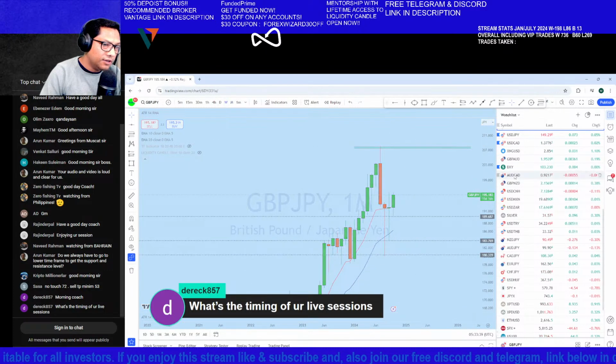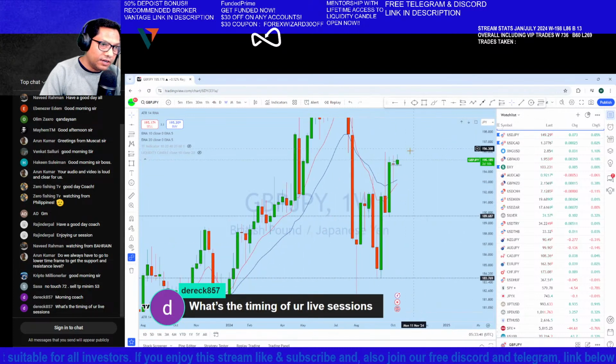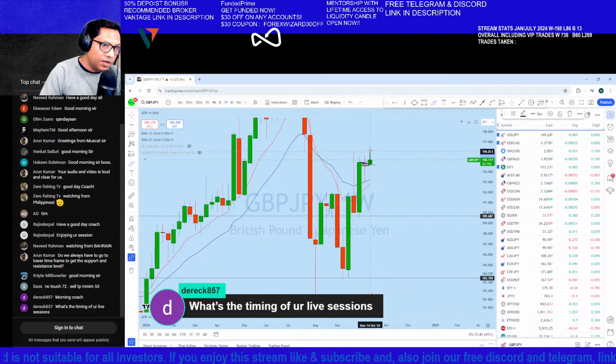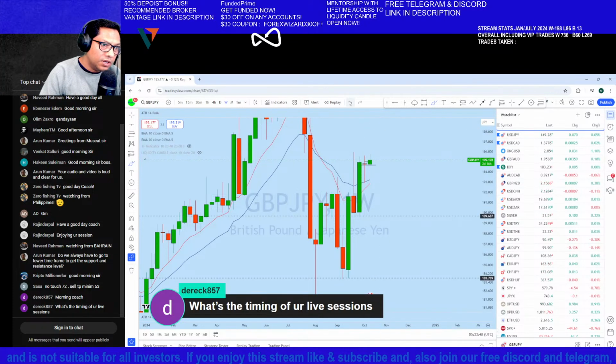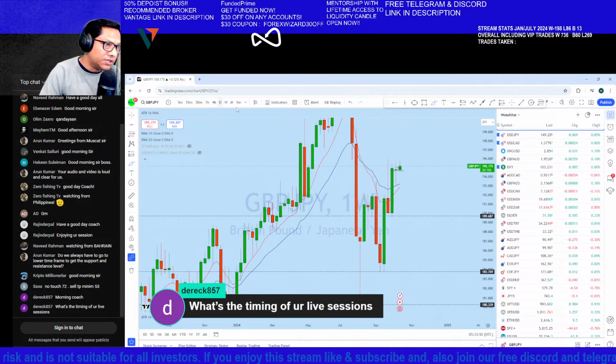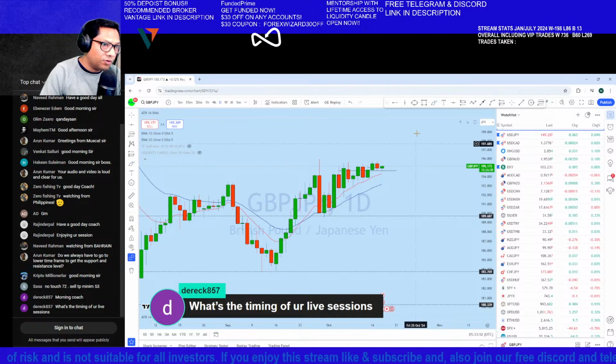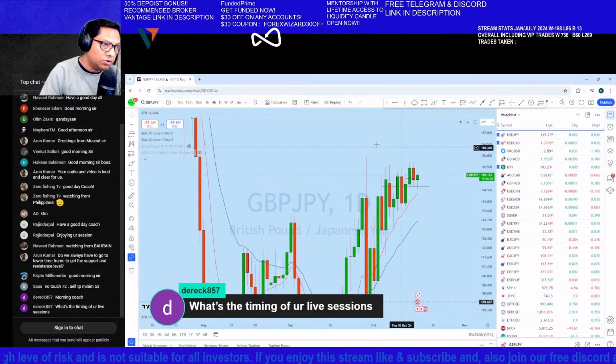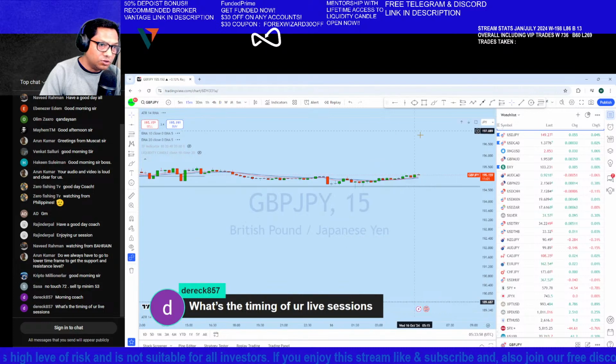If we look at the weekly, we can see that after the previous weekly doji formation, this week from here the market is trying to bounce. So the bias could be to the upside. Dropping down to the daily, we can see that after the break of this low, the market is managing to rebound.